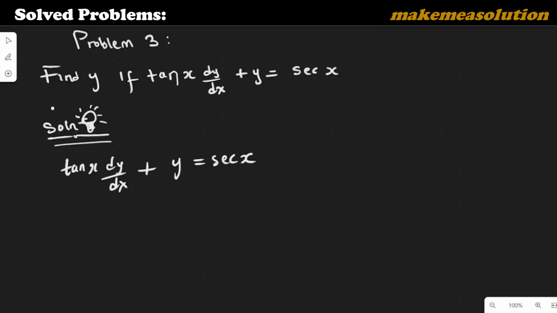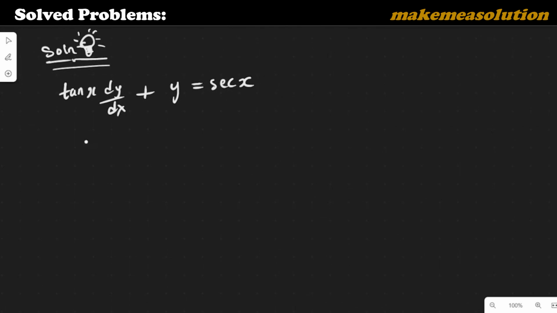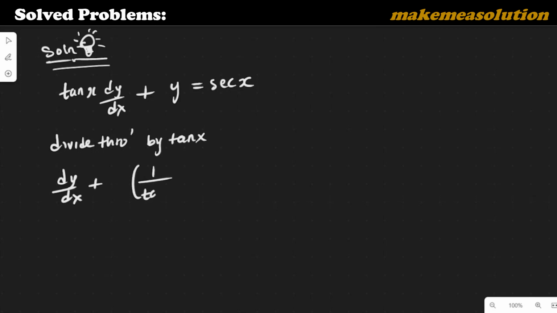Okay, as usual, this is a linear differential equation. All we just need to do is to divide through by tan x. So we get dy/dx plus 1 over tan x times y is equal to sec x over tan x.